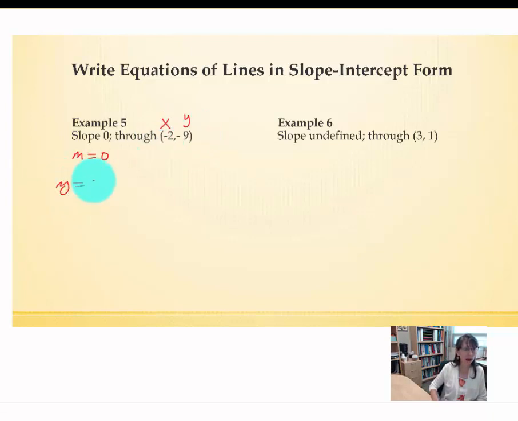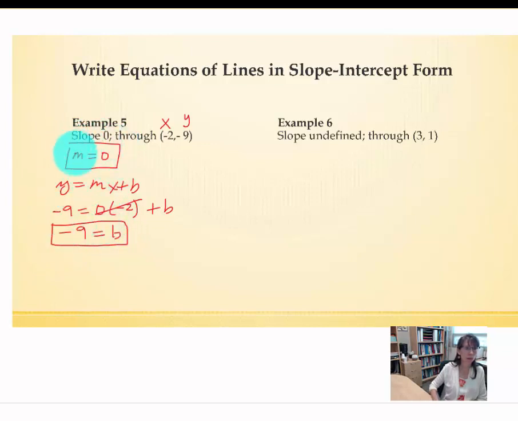So using y = mx + b, we have -9 = 0 times -2 plus b. And notice 0 times -2 will be eliminated, so -9 is the y-intercept. Slope, we knew, was 0. So the equation of the line, y equals slope of 0 times x plus the y-intercept of -9.